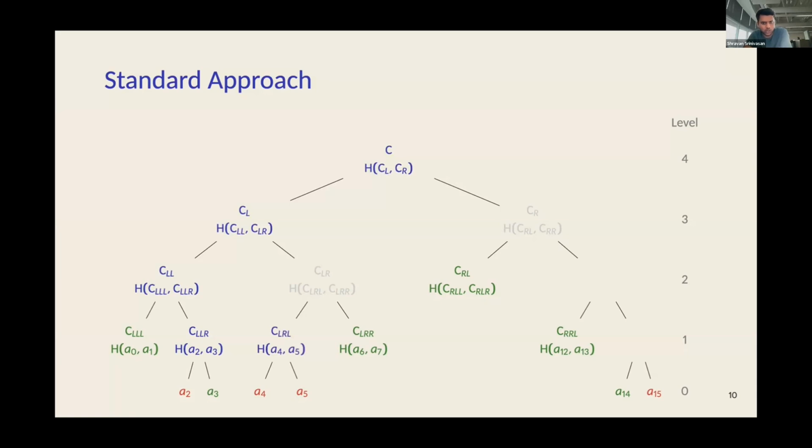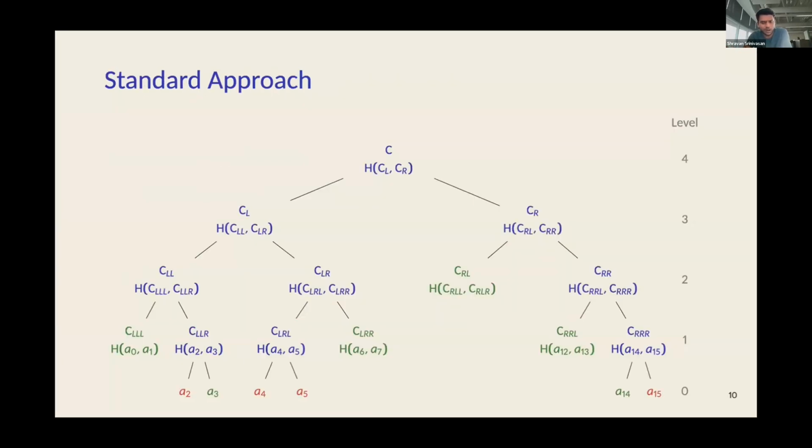Then you also individually verify A4 and A5 by reconstructing the root and checking if it is valid. And you do so for the other members of the batch, in this case A15, and you check if this in fact is the Merkle root which you expect.